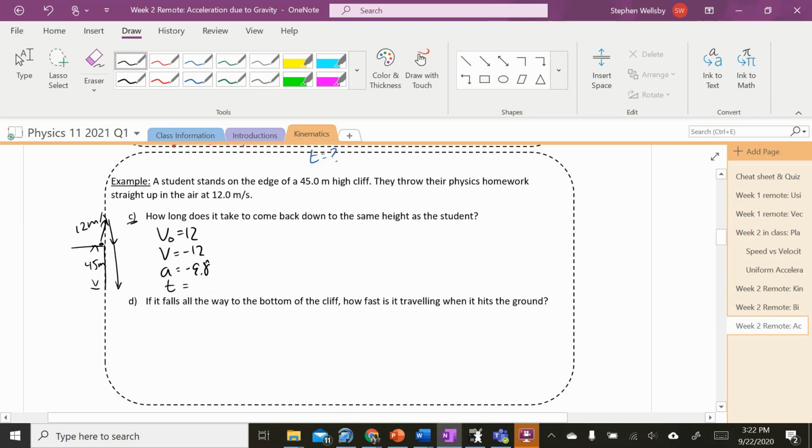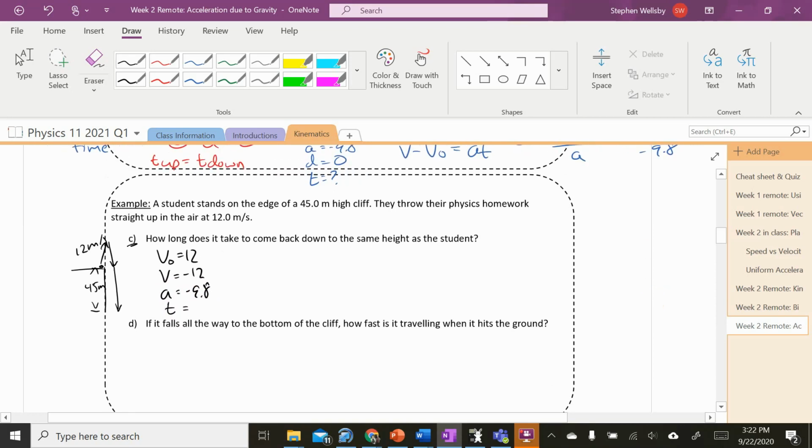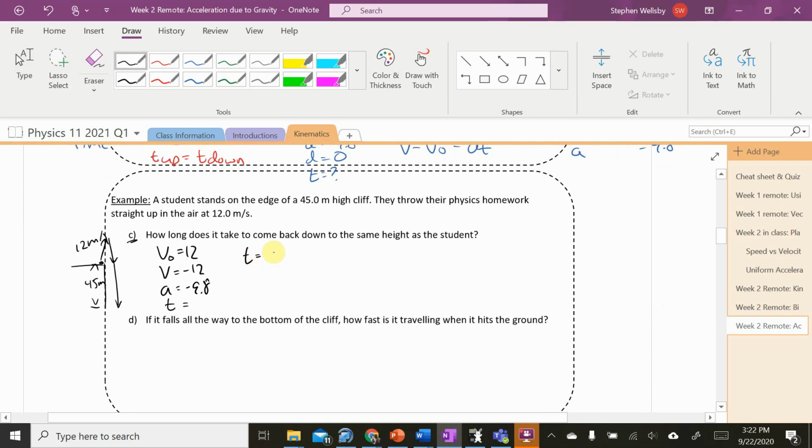In this case, we can solve for this just like we did in the question above. So we have t equals v minus v naught over a, which is negative 12 minus 12 divided by negative 9.8, and that's going to give us 2.45 seconds. So this is our first answer here.